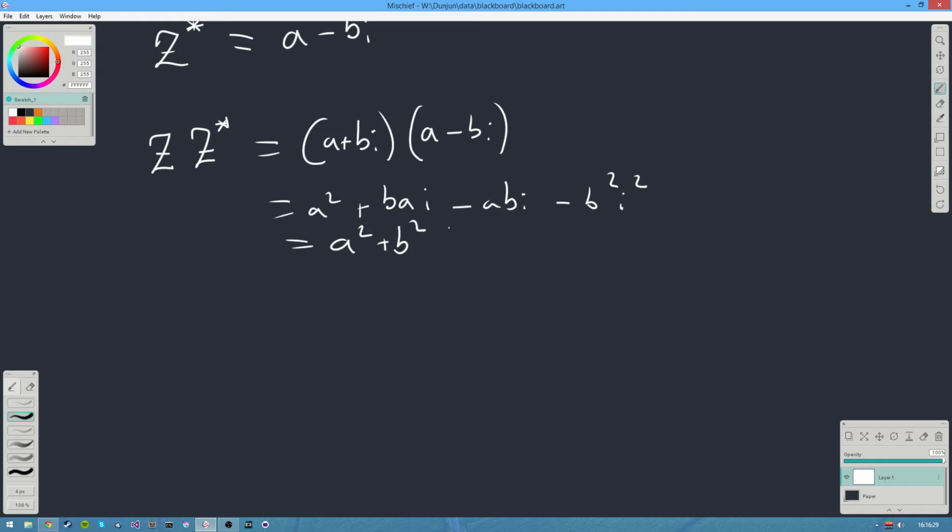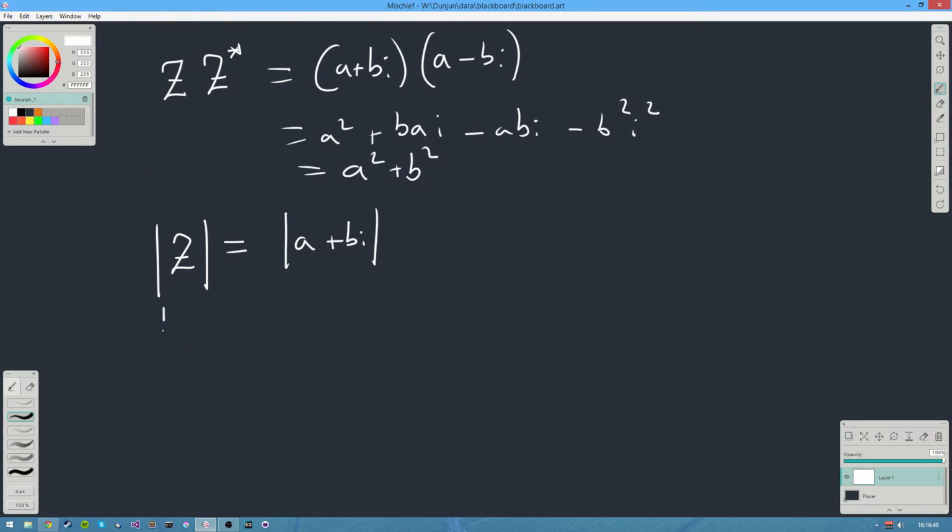Okay. Well, this is actually useful, and this is what we call the magnitude of a number. So if we had z, the magnitude is usually represented with two lines around z, the magnitude of a plus bi, which can be written as the square root of z times z star. Again, it's just Pythagorean theorem.